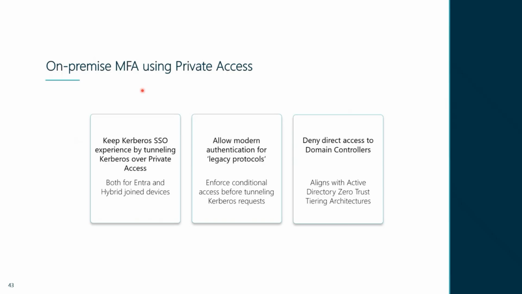So if you have privately hosted applications integrated in Active Directory with Kerberos, we can still make sure that that Kerberos SSO experience is being tunneled through private access and that that SSO experience is still the case and supported. We can actually do this both for Entra and hybrid joined devices, which again allows you to secure your authentication mechanisms for legacy protocols. A third feature is the deny direct access to domain controllers even.